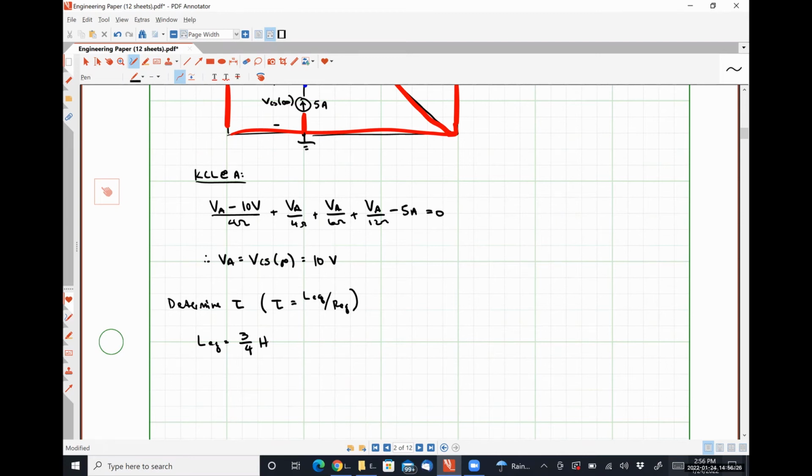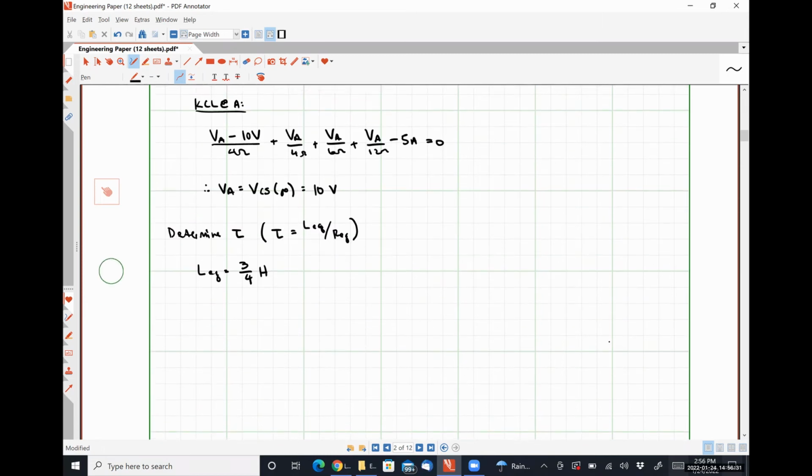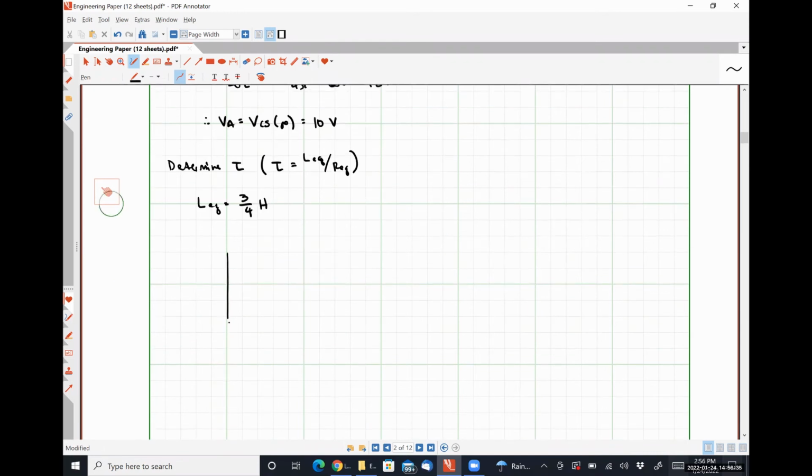Now we'll need to take our inductance out and then look in to a dead network. So if I turn off my voltage source, here's my 4 ohm resistor. Here's my 4 ohm resistor. Here's my 6 ohm resistor. Here's my 12 ohm resistor.